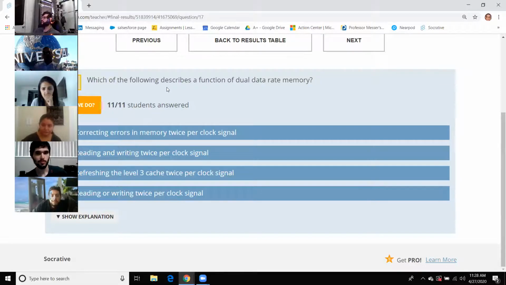Which of the following best describes the function of dual rate memory? I put reading or writing twice per clock signal.